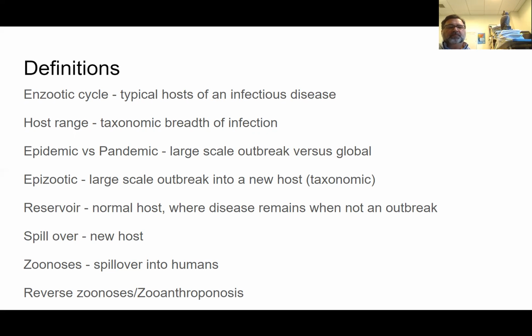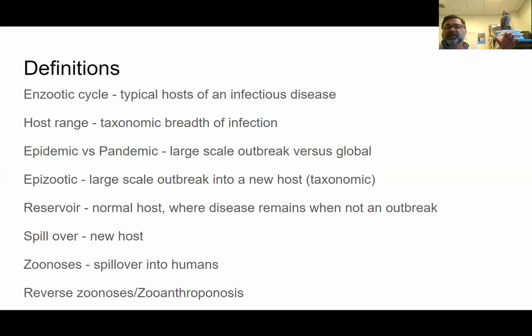An epizootic is when you have a large scale outbreak in a new host, a new taxonomic host. So for West Nile, you have the bird mosquito cycle. So an epizootic is when it jumps into a new host, and that could be either people or horses.